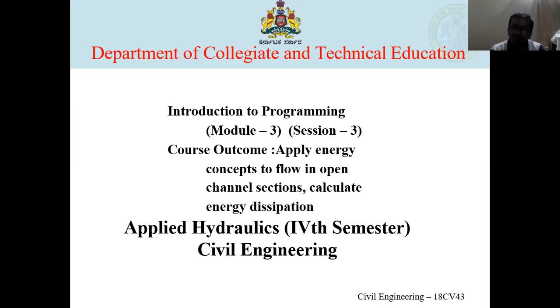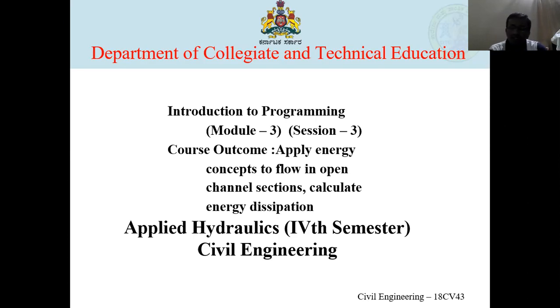So it is possible to find the loss of energy HL by deriving the relationship HL equals E1 minus E2, where E1 is the specific energy at section 1 and E2 stands for specific energy at section 2. Substituting E1 equals y1 plus v1 square by 2g, E2 equals y2 plus v2 square by 2g, and simplifying, we get the relationship between HL, y1, y2.